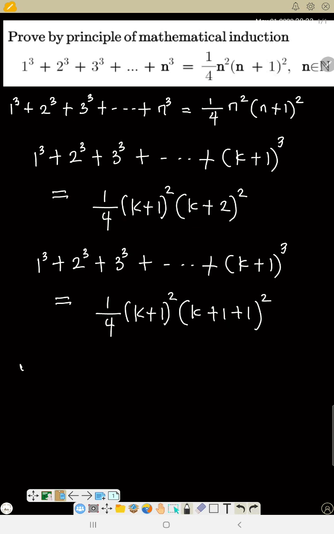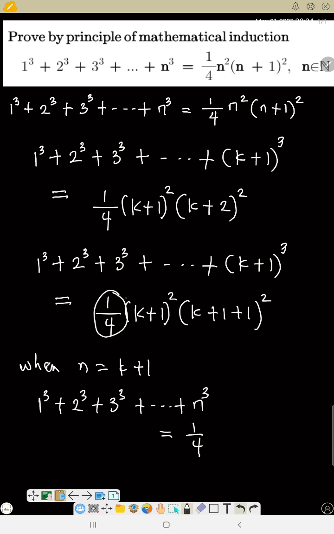So remember we said we are proving for when n equals k plus 1. So replace all the k plus 1 here. So we are going to get 1 cube plus 2 cube plus 3 cube plus n cube, because this k plus 1 is n now, n cube.